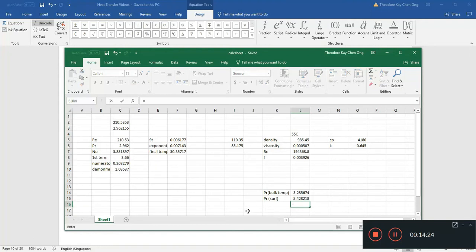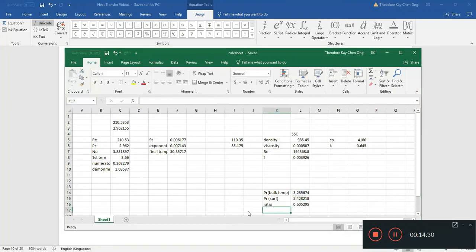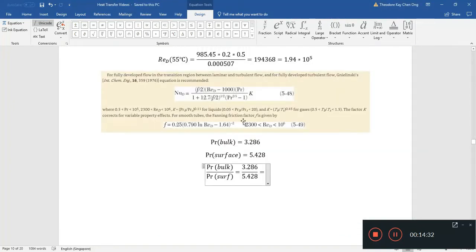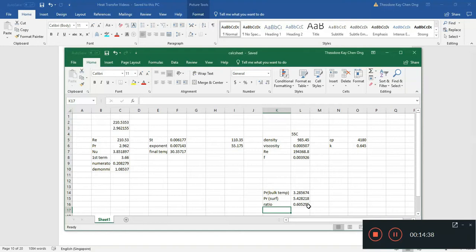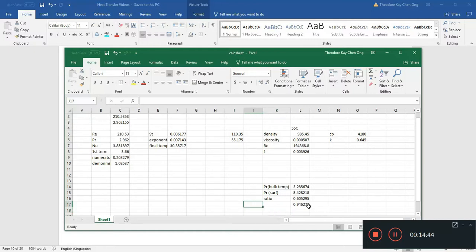So the ratio is as such. So we are within range. So we have a K of PRB divided by PRS to the power of 0.11. This is the big K we are talking about.